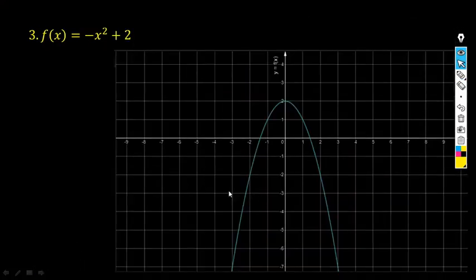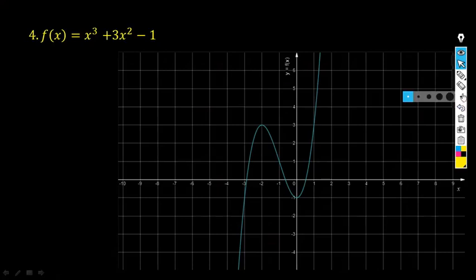Look at this. This is also a function which is being crossed by a horizontal line at more than one point, and so this is not one-to-one. Next function.